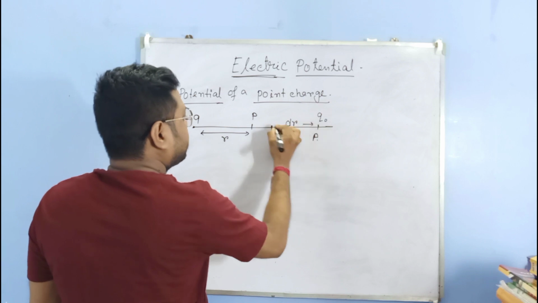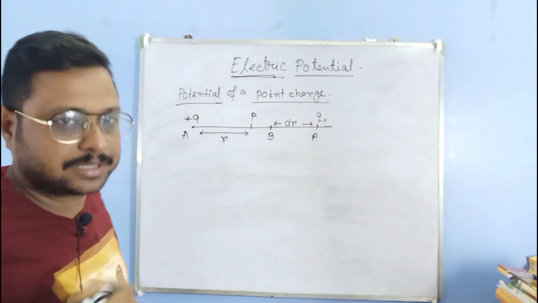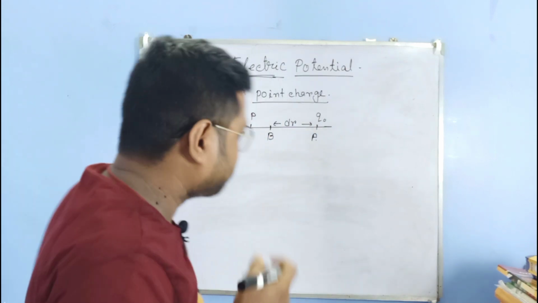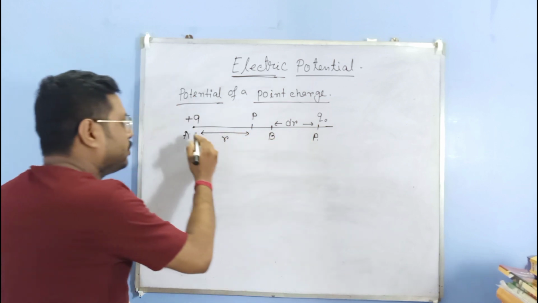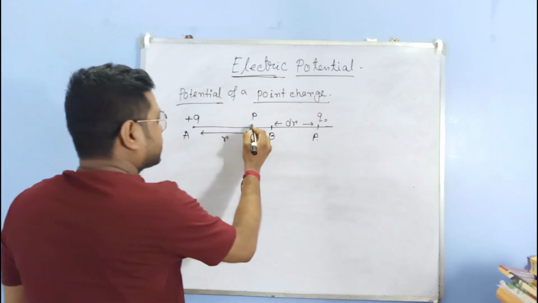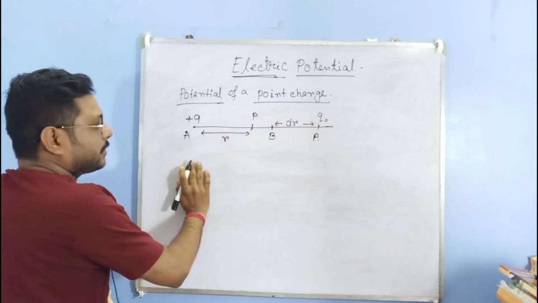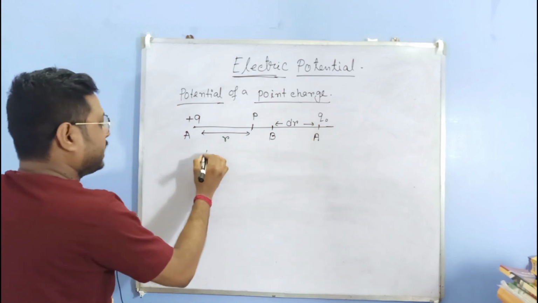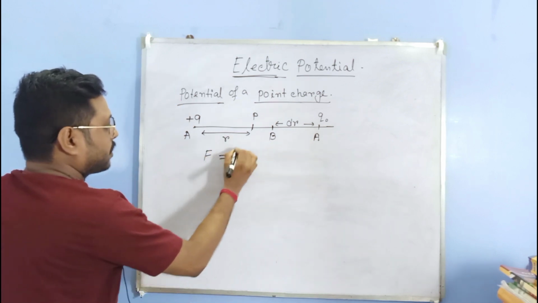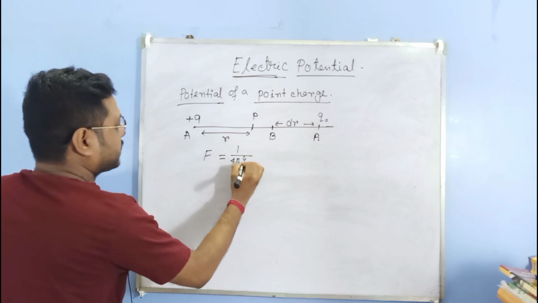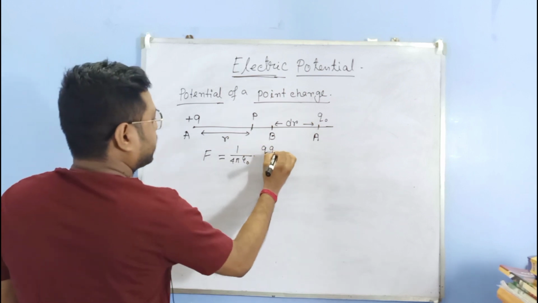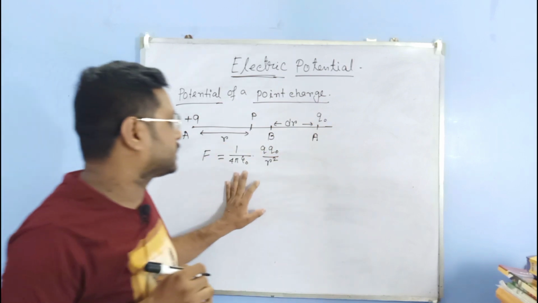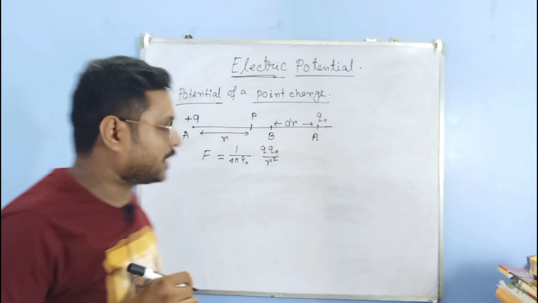We say it dr. We know that dr, dx, dv is the differential form of a very infinitesimally small quantity. So we know that the force on the test charge is given by F equal to 1 by 4 pi epsilon naught, Q Q0 divided by R square. This force is experienced by the test charge at a distance R.